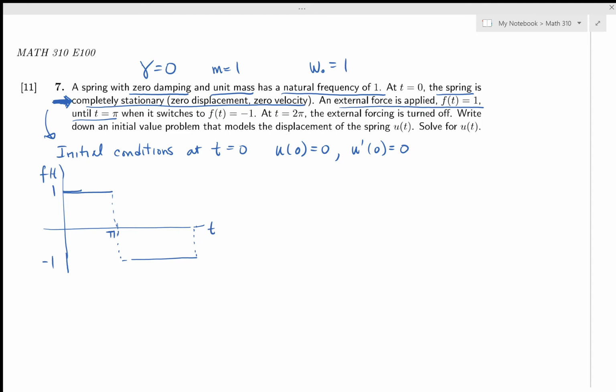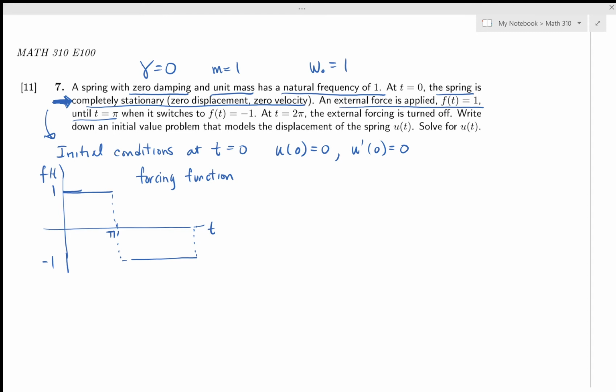Okay, so I have a function on the right hand side, this is my forcing function, the external function that's applied. We've been calling that the forcing function. Okay, so I'm thinking right now, I've got a piecewise continuous forcing function on the right hand side.